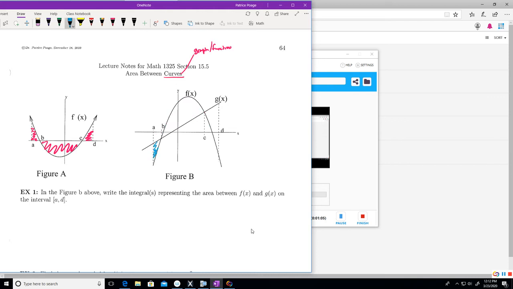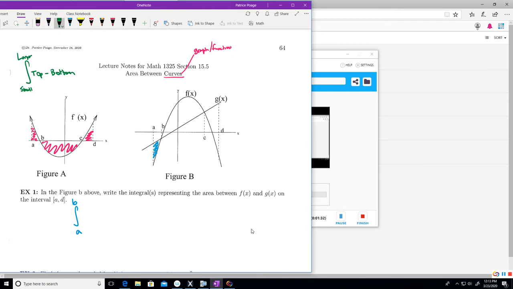Focusing on that first little area, I'm going to integrate from A to B, because you always go from smaller to larger. Then you do the top minus the bottom. How do you know which one's on top?